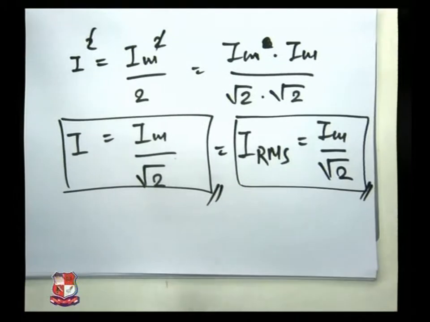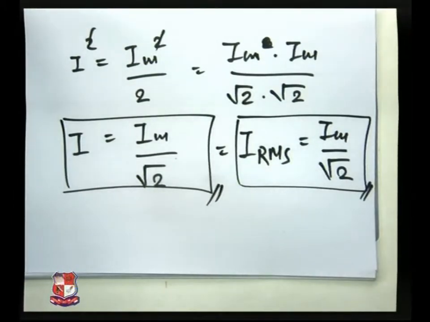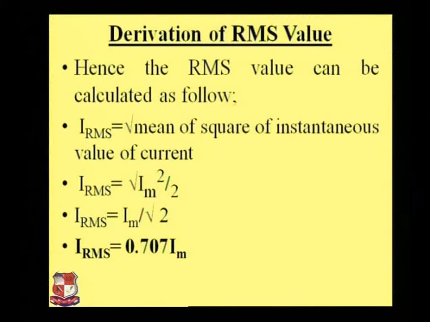So this equation shows that the amount of heat generated by a DC current passing through the circuit is the same as the heat generated in the AC circuit. The RMS value can be calculated as follows: IRMS equals the square root of the mean of the square of the instantaneous value.